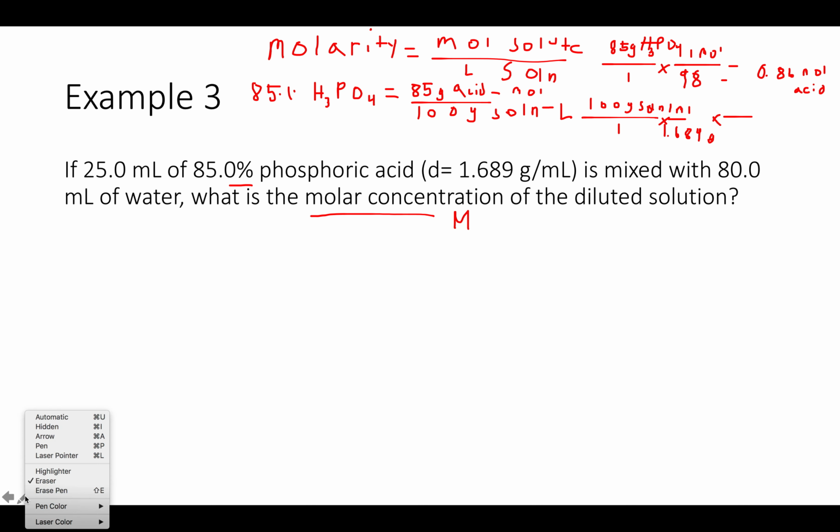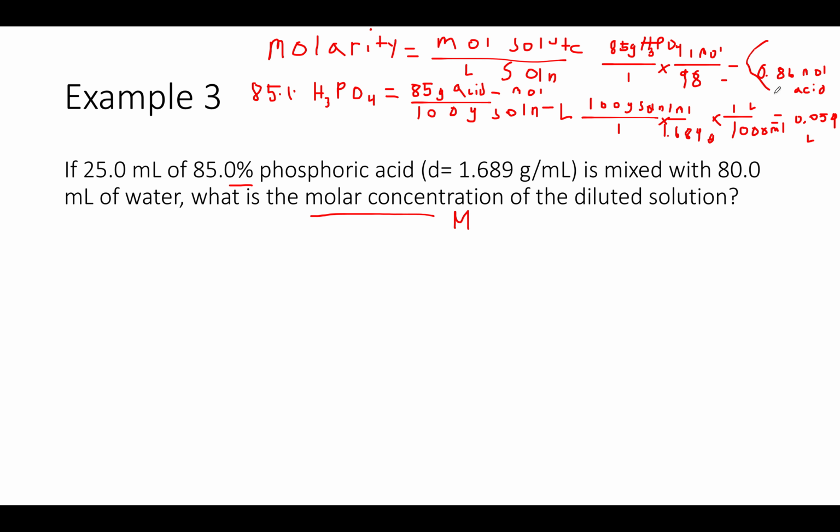The molarity concentration requires that the solution be in liters. So for every 1,000 milliliters, there's 1 liter. So we have 0.059 liters. So this information here can get us our molarity. And here the grams cancel, the mLs cancel, and you're left with liters, and here the grams cancel, and you're left with moles. I should say grams.